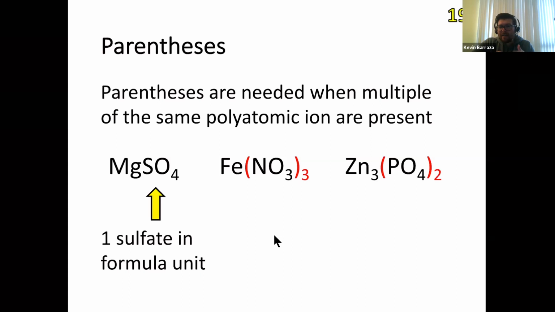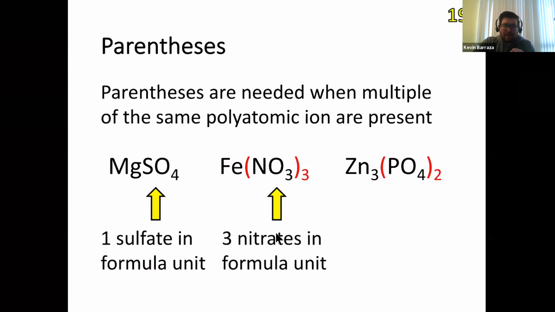Just like water isn't a W and an A and so forth, it's a water. And then the same thing, if in our formula we needed, say, 3 nitrates, this is where we say, I don't just need 3 N's, I need 3 of everything. So in this way, we put the parentheses to make 3 nitrates in the formula unit.